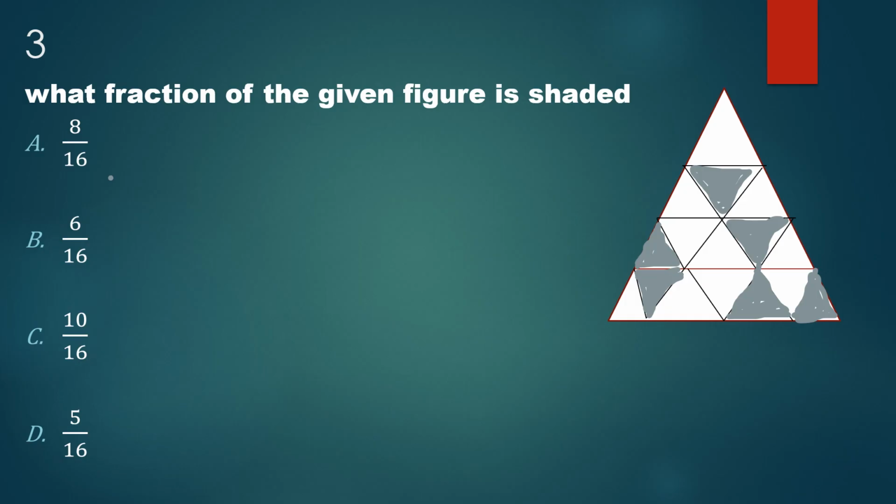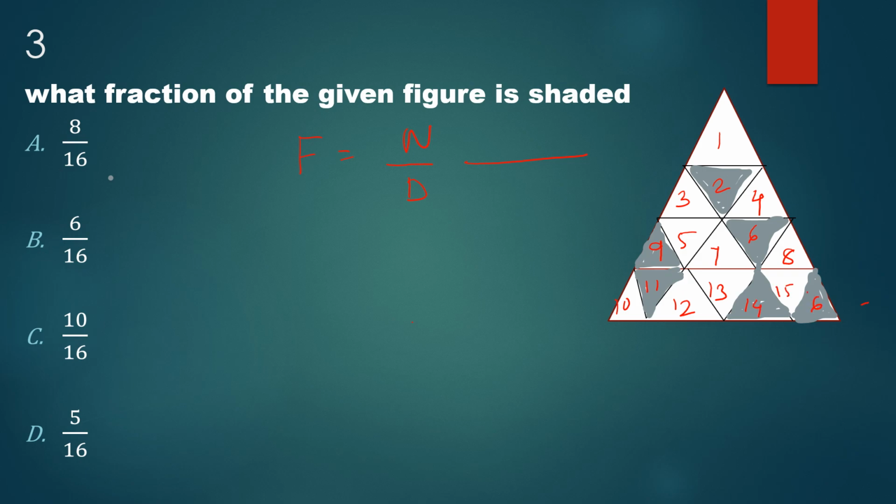Third question, what fraction of the given figure is shaded? As I have told you, your fraction is equal to numerator by denominator. First we will check how many total equal parts are there. Let's start: 1, 2, 3, 4, 5, 6, 7, 8, 9, 10, 11, 12, 13, 14, 15 and 16.